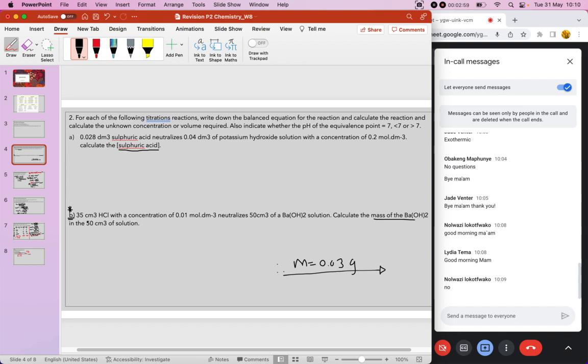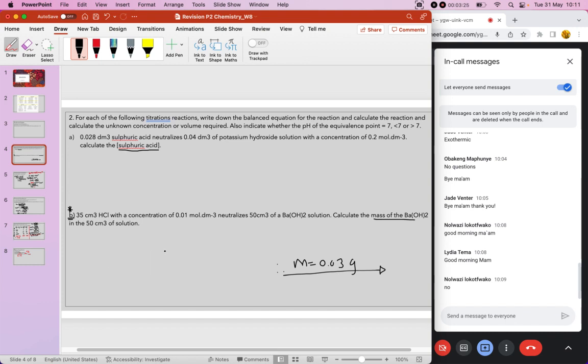It says 35 centimeter cubed of hydrochloric acid with a concentration of 0.01 mole per dm cubed neutralizes 50 centimeter cubed of the BaOH2 solution. Calculate the mass of BaOH2 in the 50 centimeter cubed solution.